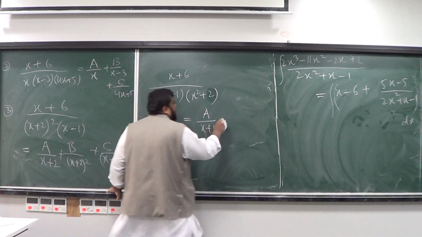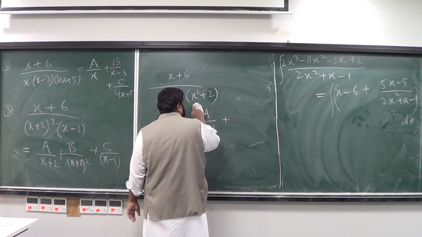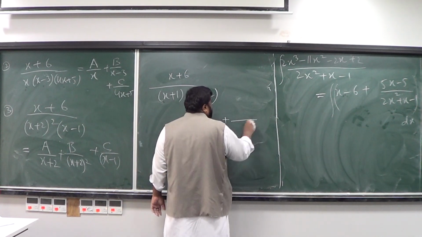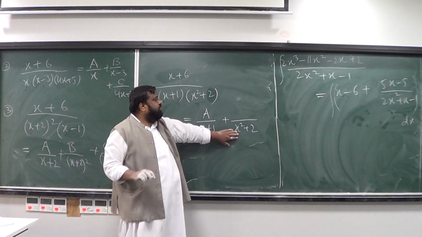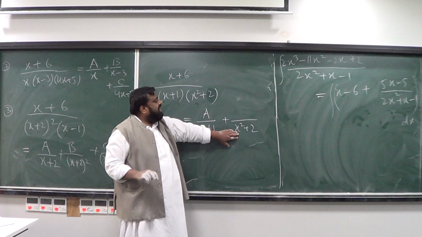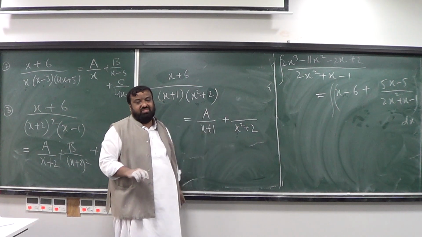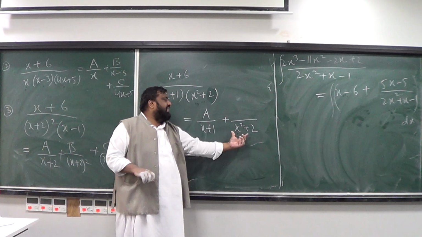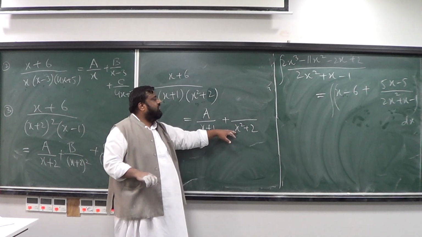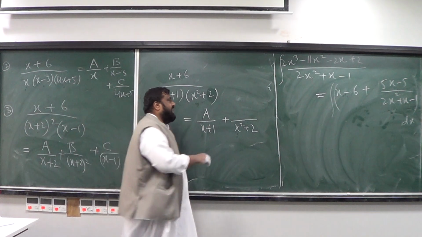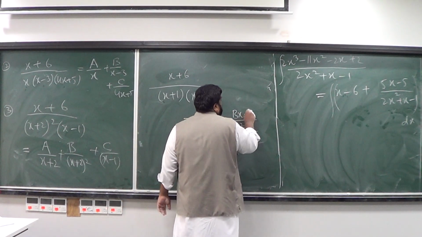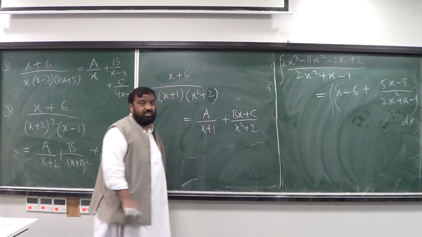And in the numerator of, say, x square plus 2, you have to put a polynomial of 1 degree less. This is a second degree polynomial, so you have to put an expression which is 1 degree less, like bx plus c, a linear expression.